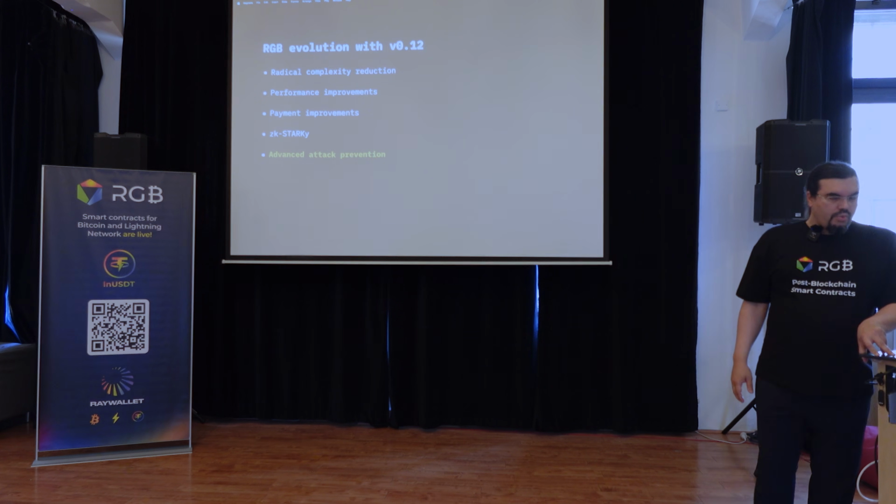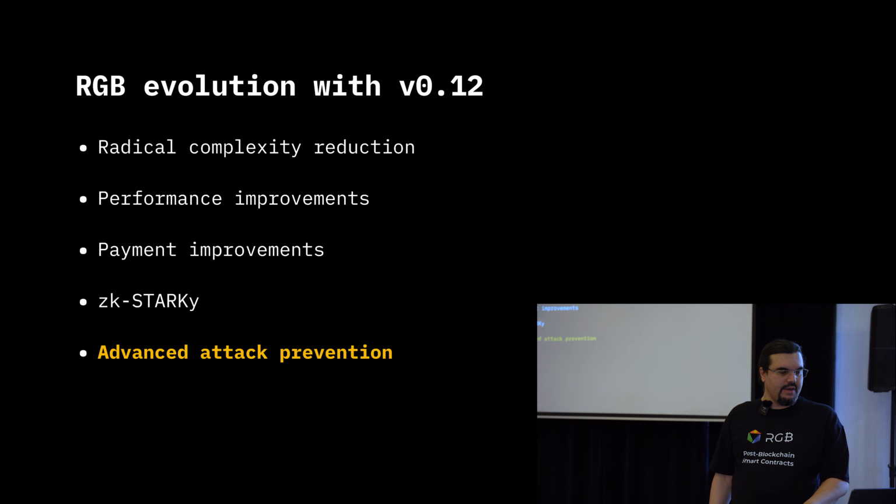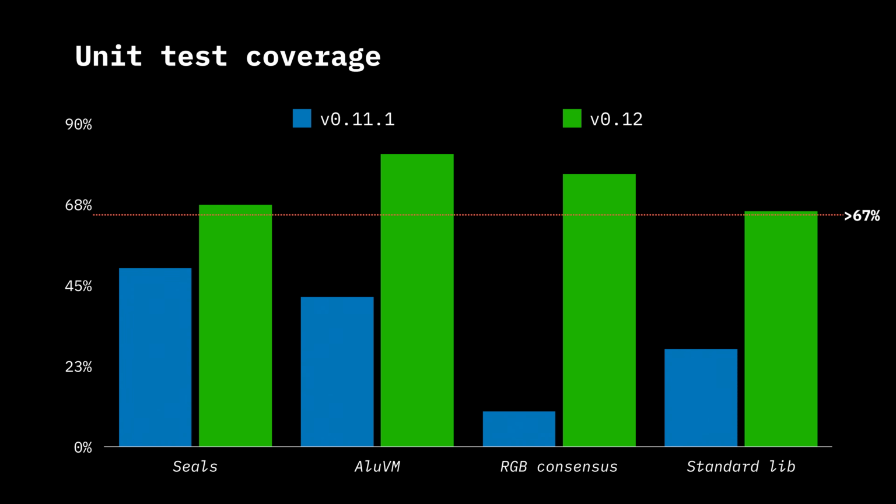And finally, we put a lot of effort into reducing the attack surface of RGB. Other than just reducing the complexity, we also increased test coverage. Before that, some parts of the RGB code base were really poorly covered by tests.